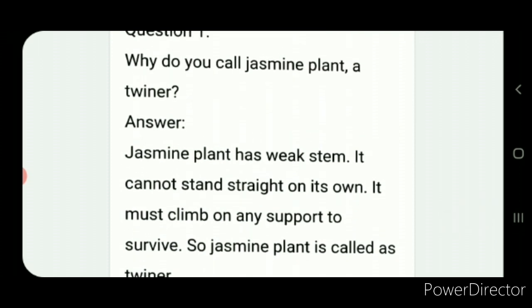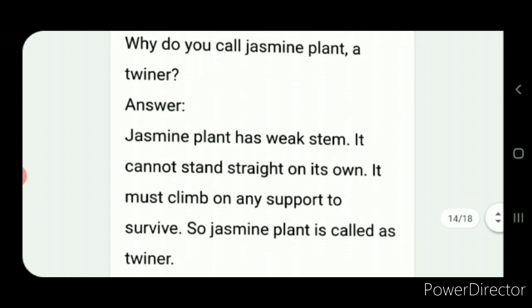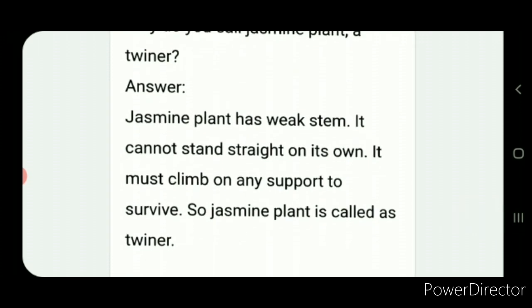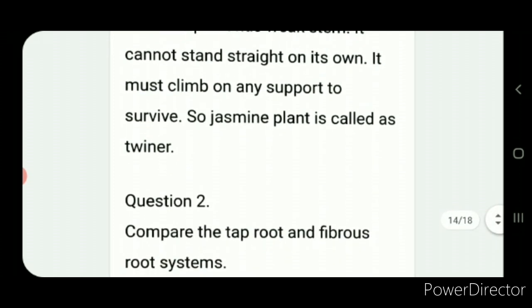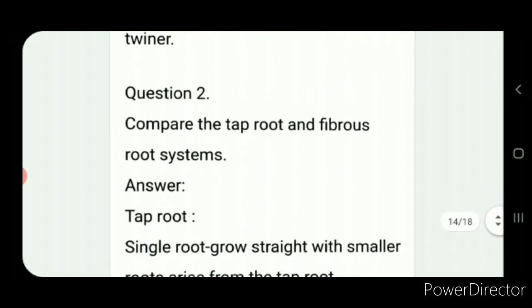I am repeating this because you are supposed to read along with me so that it will be easy for you to prepare for your exams, right? So, jasmine plant is called a twinner.